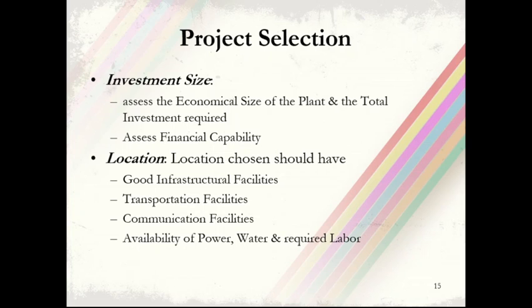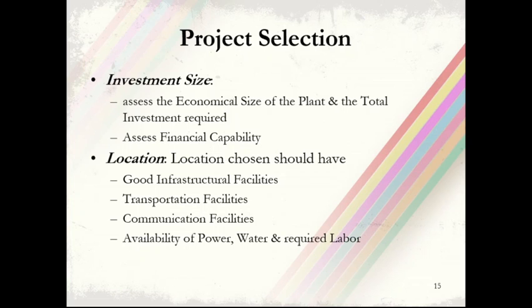Likewise, location is an important criterion in the selection of the project. The location chosen should have good infrastructure facilities, transport facilities, communication facilities, and good power availability, and it should also have the required labor and water facilities to choose the correct location for the project implementation.